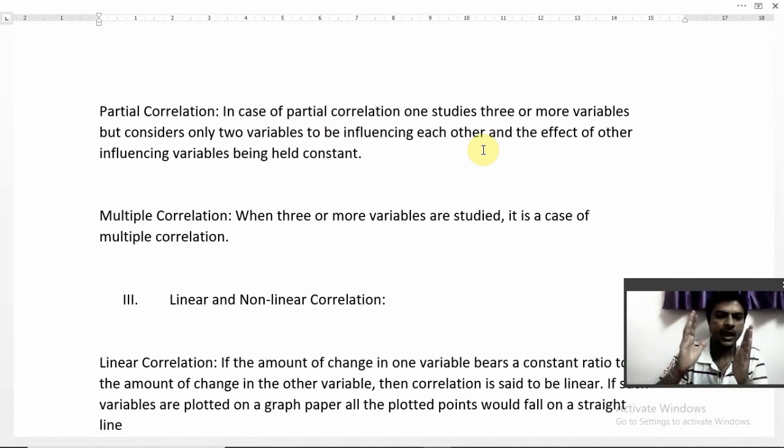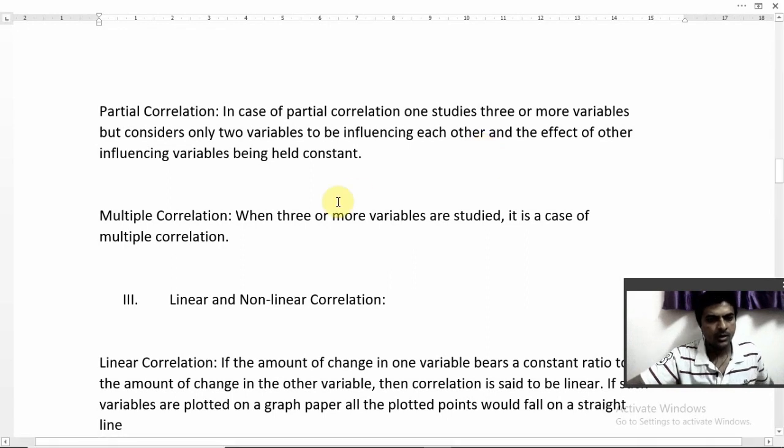Means there are x and y as variables, x varies, y varies, y varies, x varies, but if you take z, it doesn't affect x and y. Therefore z, just one example I am giving, is to be set as constant. This is how we say it is a constant variable.